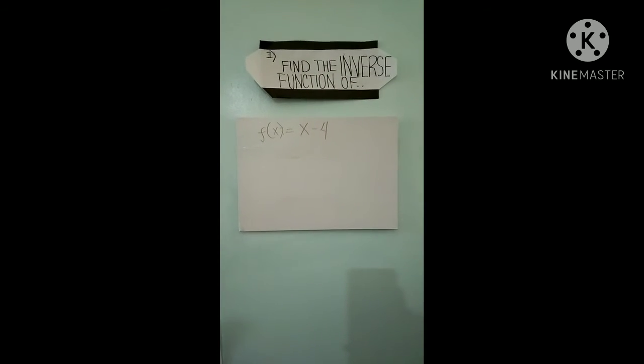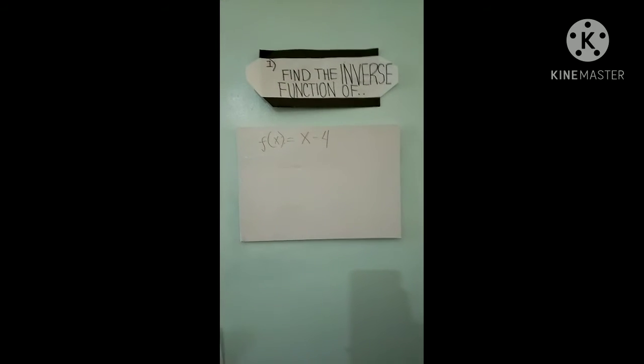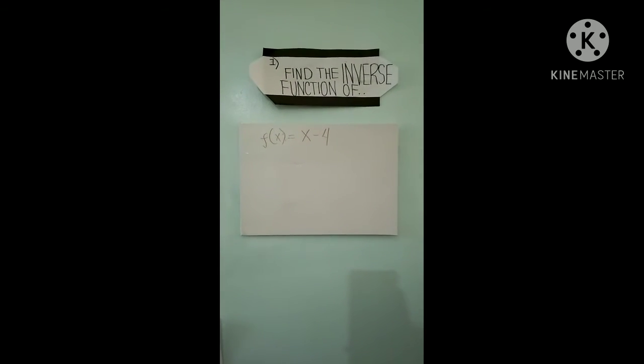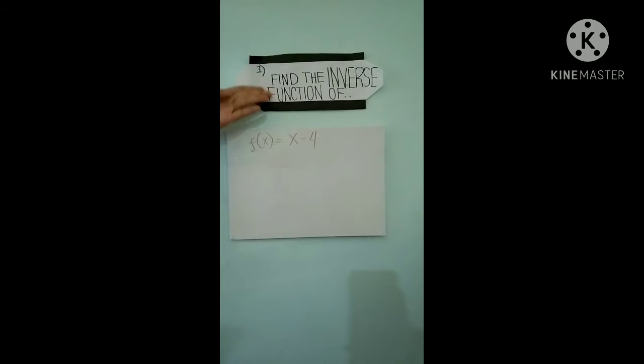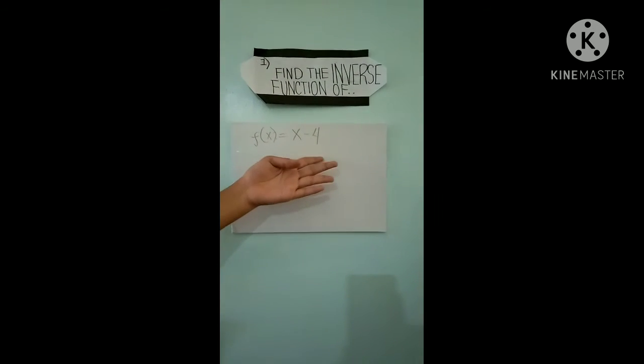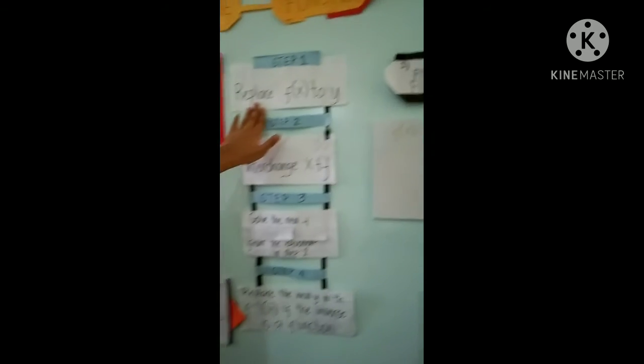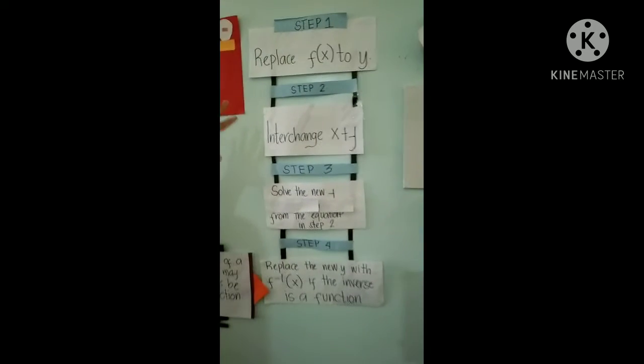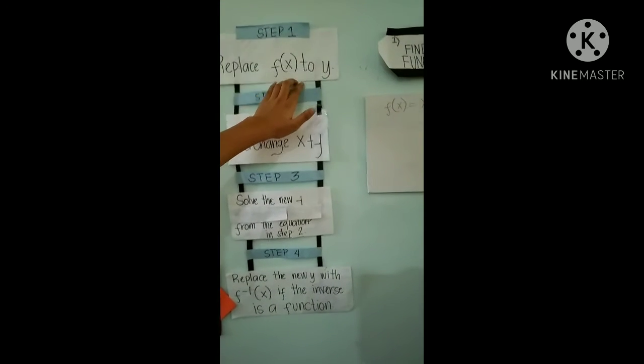What if we have an equation? So, let's say our example number 1 is find the inverse function of f of x equals x minus 4. In step 1 on how to solve the equation, replace f of x with y.